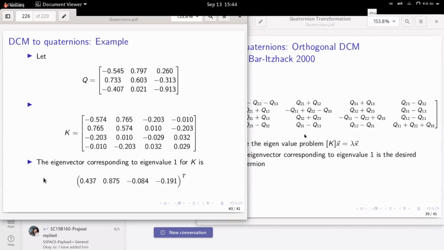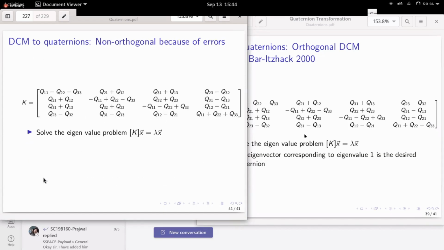But unfortunately, the numbers will have errors. Q11, Q22, Q33 are not very precise. So usually you will never be able to find an eigenvalue for this matrix which is equal to 1. This usually happens because of numerical errors.